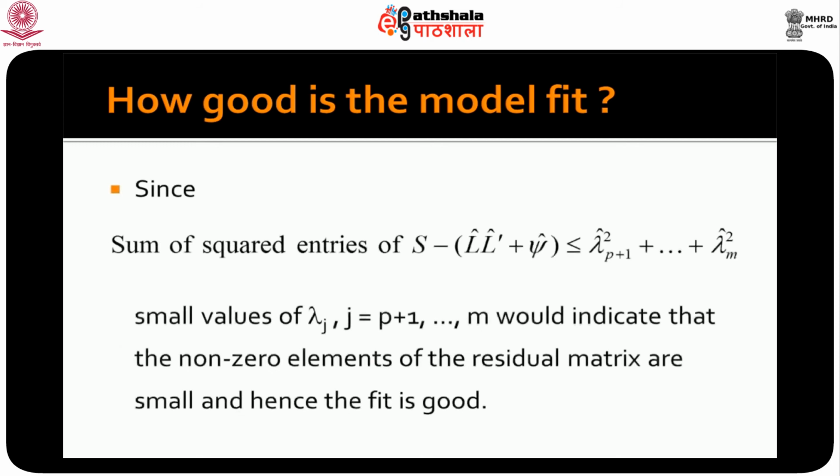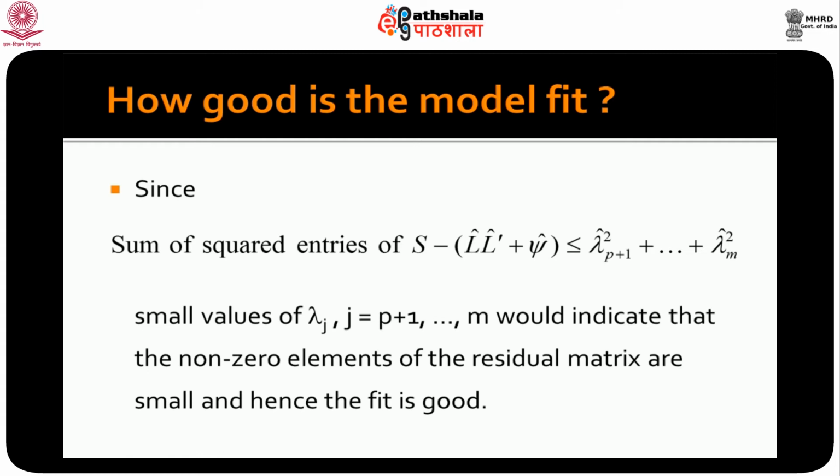But then if you look at the sum of squared entries of S minus (L hat prime plus psi hat), you can see that this is less than or equal to the sum of squared eigenvalues lambda p plus 1 hat square to lambda m hat square.